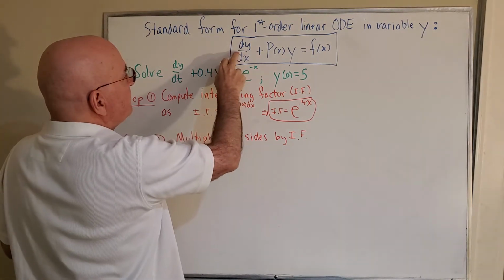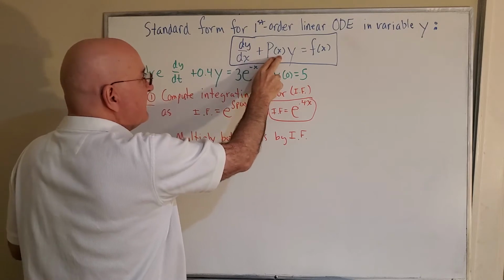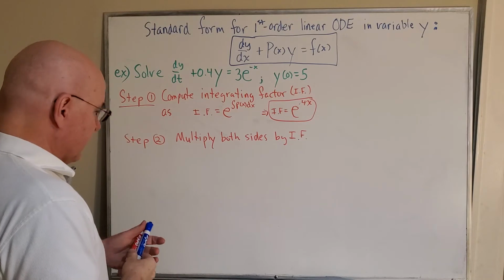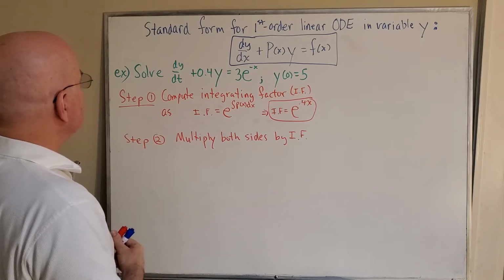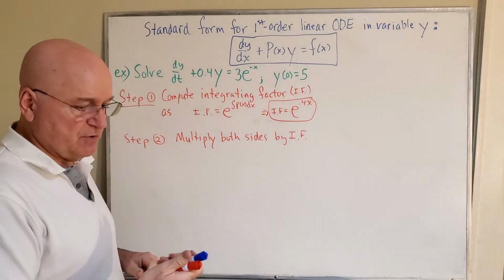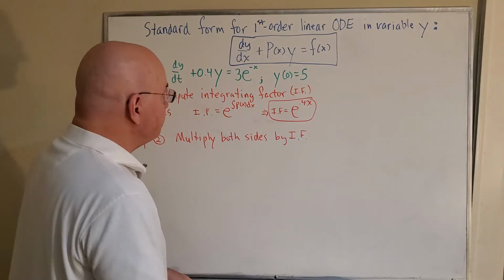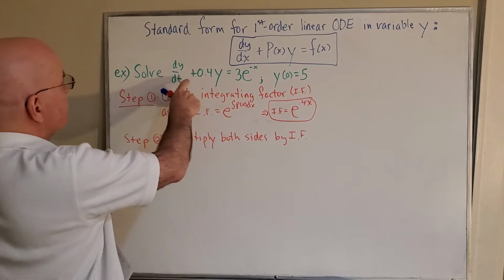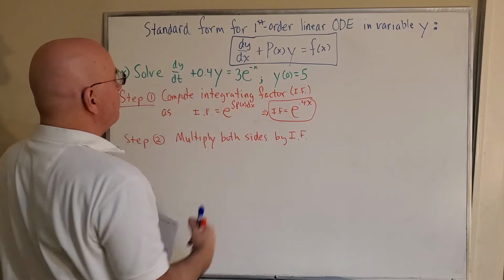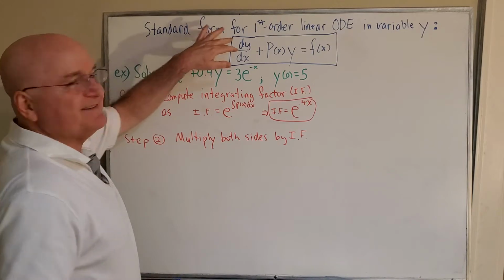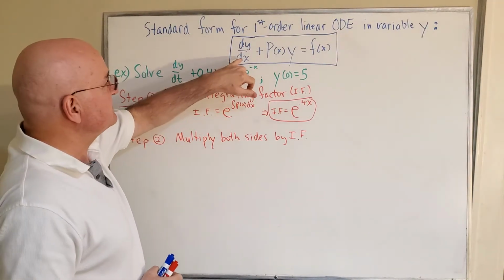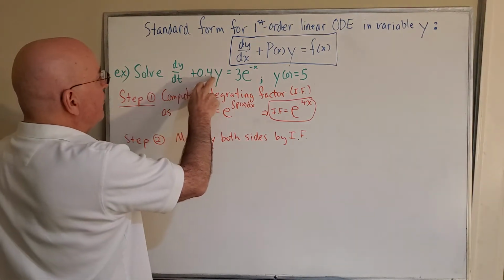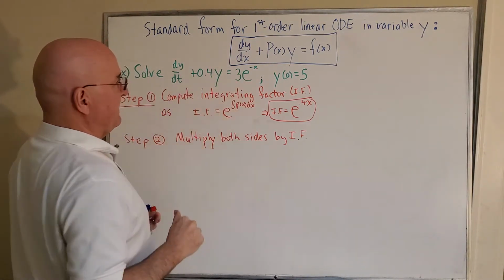So here's the standard form. Coefficient of 1 in front of the derivative term plus some function of x times y is equal to some function of x. And I'm going to go ahead and solve this equation and show you how to do it step by step. So notice that this is already written in this correct form. dy/dt, we're doing dy/dt instead of dy/dx, that's no problem. Plus 0.4y is equal to 3e to the negative x.